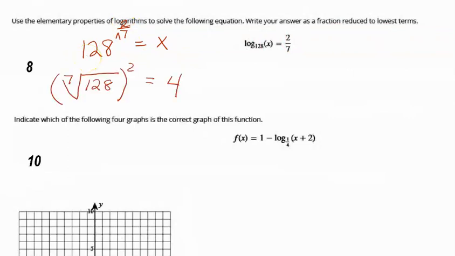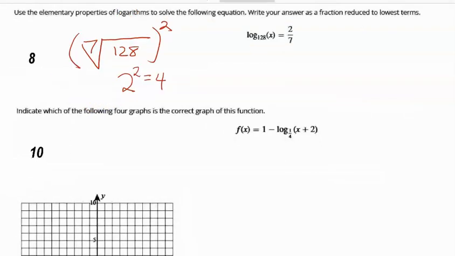Again, putting it into your calculator, 1/28 caret, you put 2/7 as a fraction in parentheses, and the answer is 4. So putting in its radical form, it's the 7th root of 128 is 2, and 2 to the second power is 4.